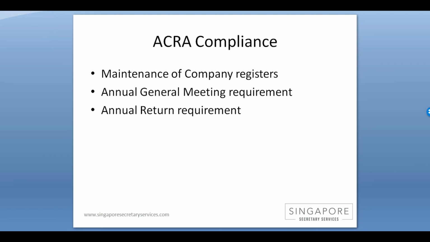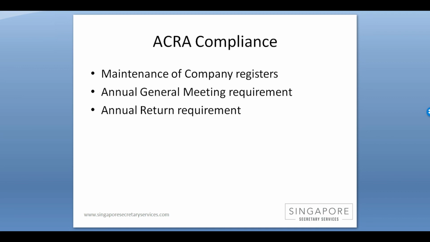But just remember that if you don't hold your AGM and you don't file your annual return, the onus is actually on the director to answer for it. We have many cases where clients just don't bother about all this compliance, even though we've tried to contact them through email and so on, and they just don't comply.